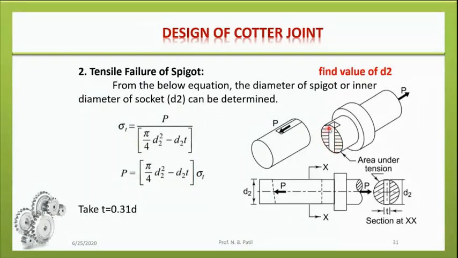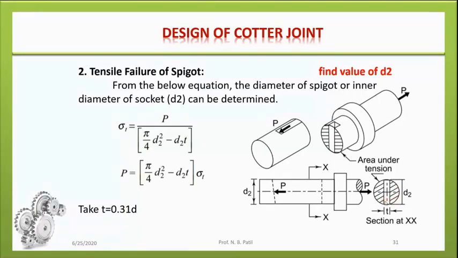How do we calculate this? Pi by 4 into d2 square. Let's focus over here. It's the actual cross section area: pi by 4 into d2 square, the total circle, minus the rectangular area d2 multiplied by t.